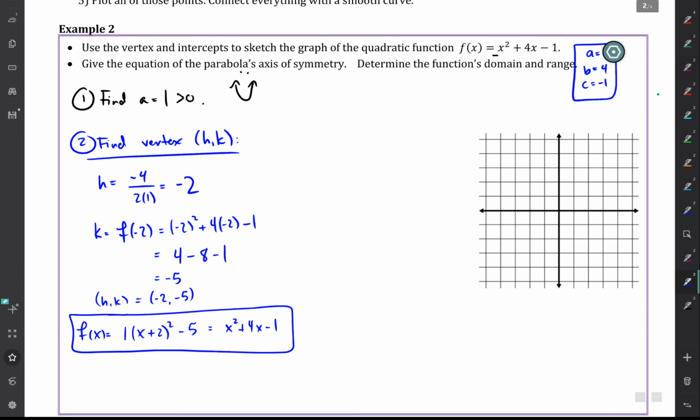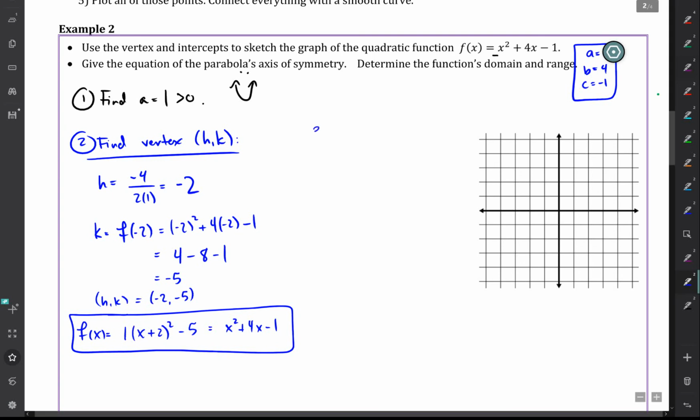Okay, now that we have it in standard form, we can find the x-intercepts using the square root property. So to find x-intercepts, all we're doing is setting y equals 0. So let's set f of x equal to 0. So we have 0 equals (x plus 2) squared minus 5.